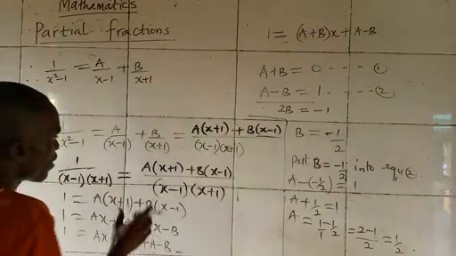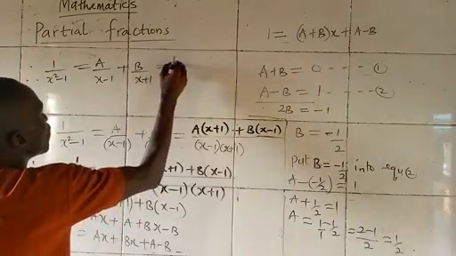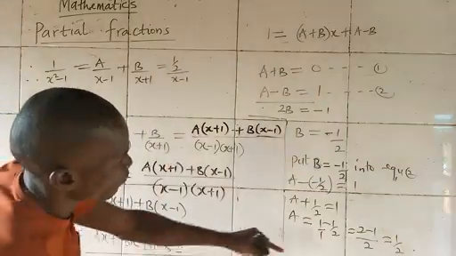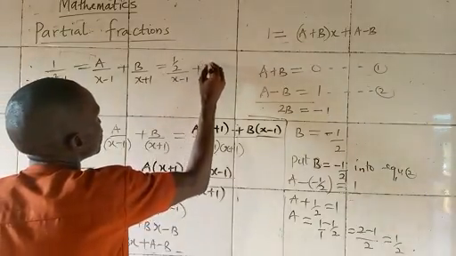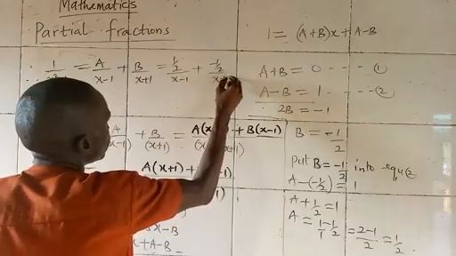Now, what can we do here? What is our A? They gave us A. A is 1 over 2, so 1 over 2 all over S minus 1. And they also gave us B. What is B? B is minus 1 over 2 all over S plus 1.